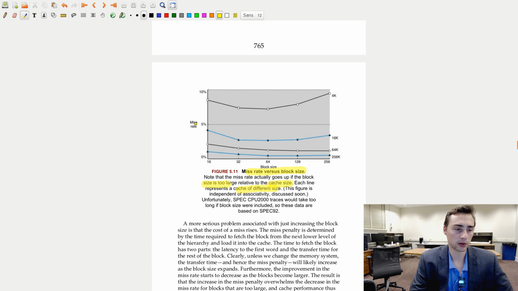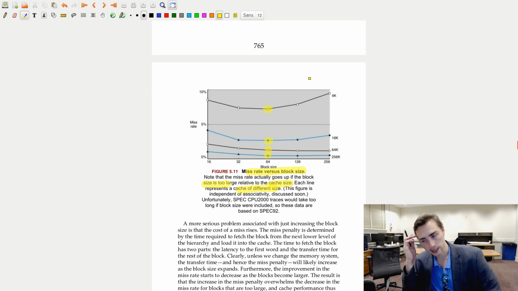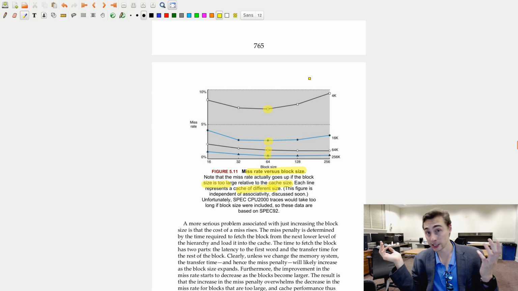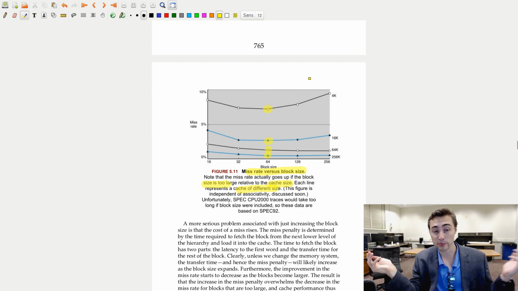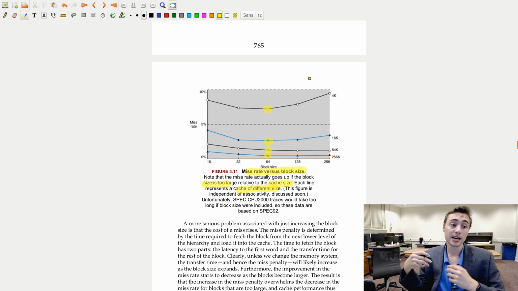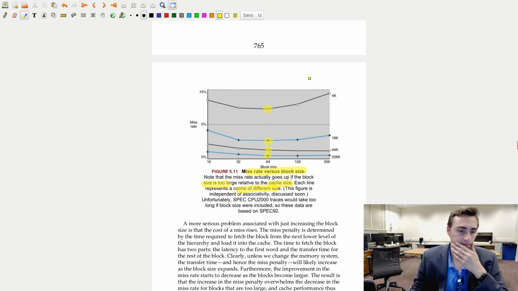We want to hit this sweet spot, this local minimum, when it comes to cache sizes. Increasing the block size forever won't keep decreasing our miss rate, and in fact may actually increase our miss rate. So there's really a sweet spot in a lot of these designs.